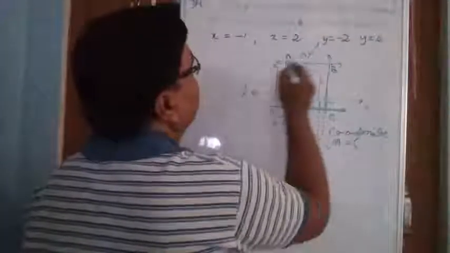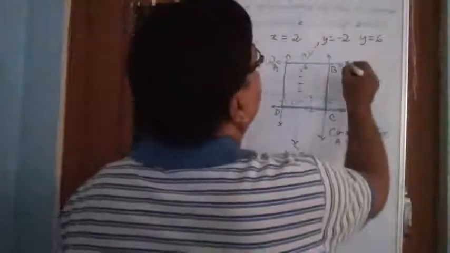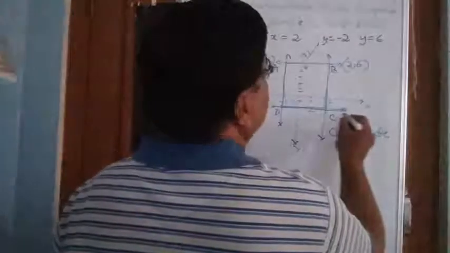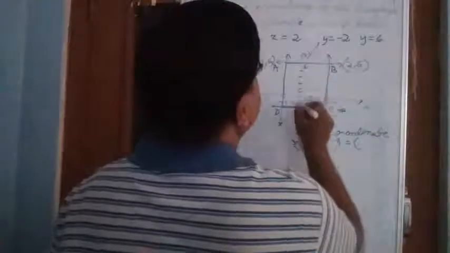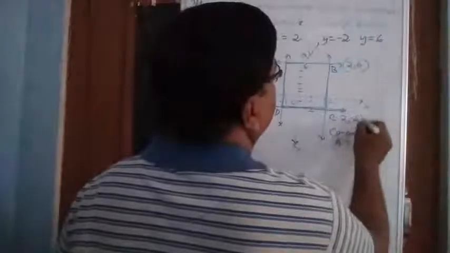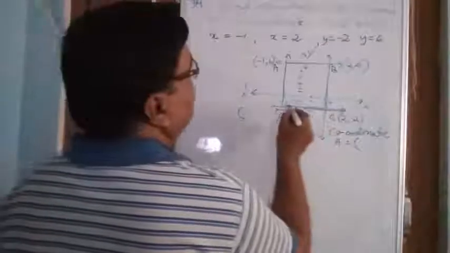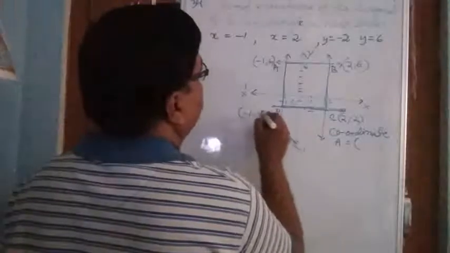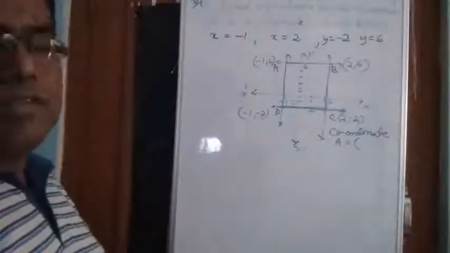The coordinate of A will be (-1, 6), B will be (2, 6), C will be (2, -2), since it is 2 downward from the x-axis, and D will be (-1, -2). These are the 4 coordinates of the vertices of the rectangle.